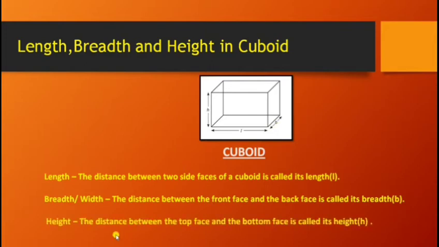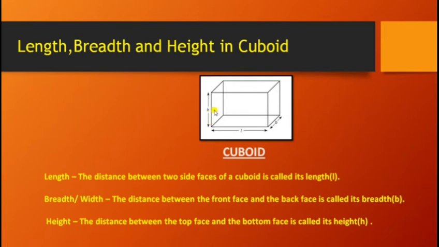Lastly, the distance between the top face and the bottom face is called its height. Let us look at the top one. See, the top face is here and the bottom face is here, and both have a gap. The gap is defined as h. Height is defined as h. These are the common terms we are using. For length we use L, for breadth or width we use B, and for height we use h.